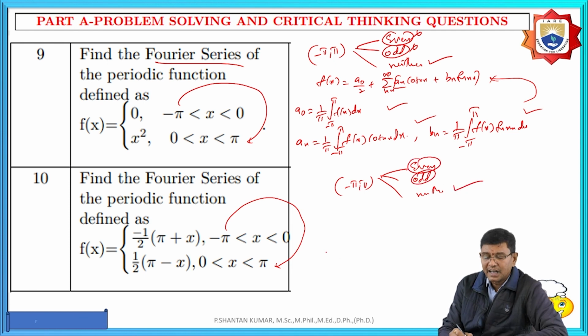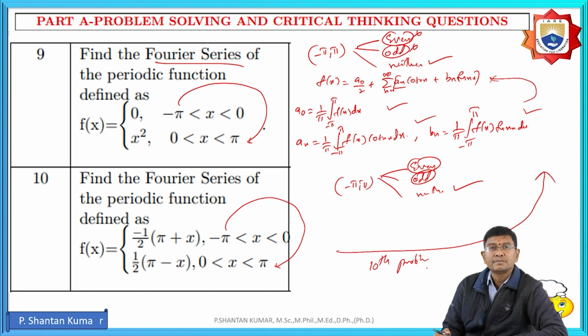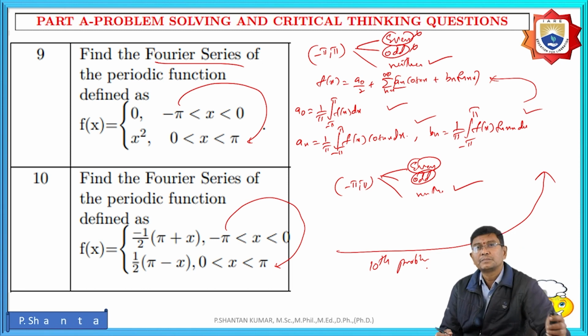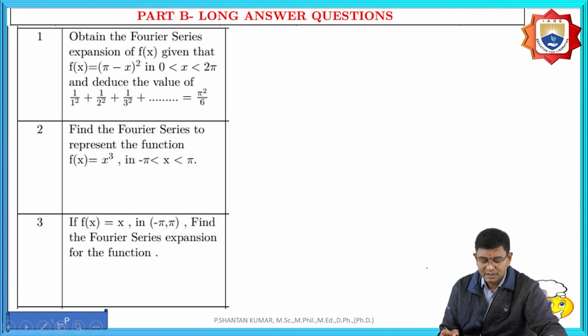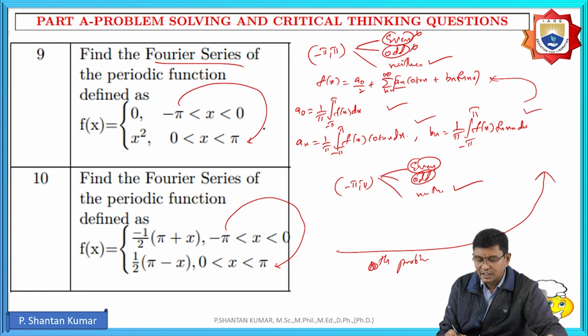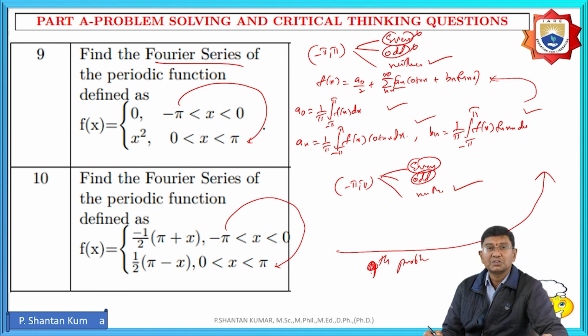That means, same as per the 10th problem formula, we need to find the solutions. Sorry, it is not the 10th, it is the 9th problem. Same as the 9th problem, because the function is neither.